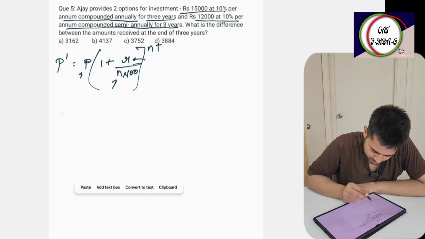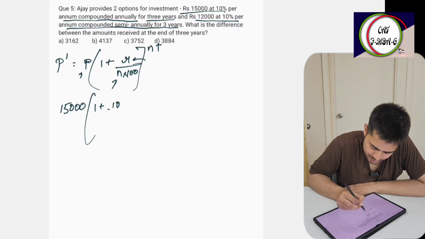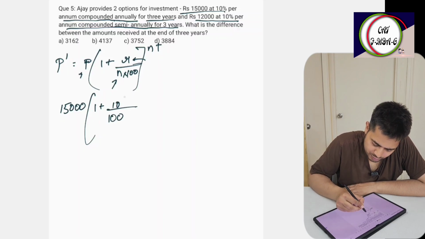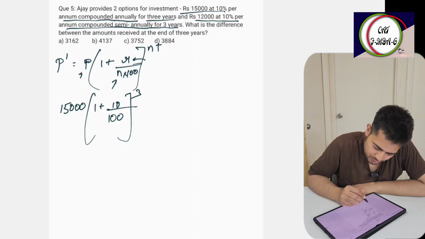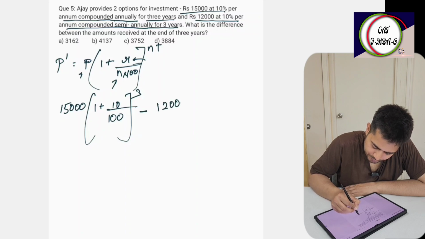So in the first case, 15,000 will become 15,000 into 1 plus 10 by 100, N is equal to 1 here because it is compounded annually, to the power 3. And we have to find the difference, so minus 12,000 into 1 plus 10 by 2 into 100.